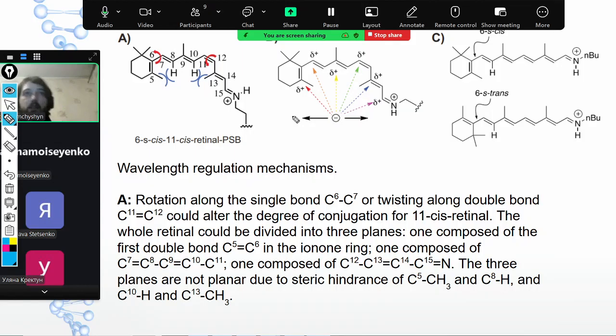To be conjugated, to delocalize the charge along the molecule, you need to keep this molecule planar. So you want all the carbon atoms to live in a plane.